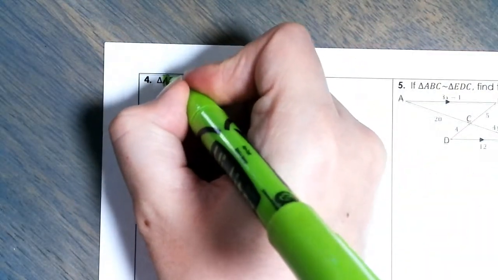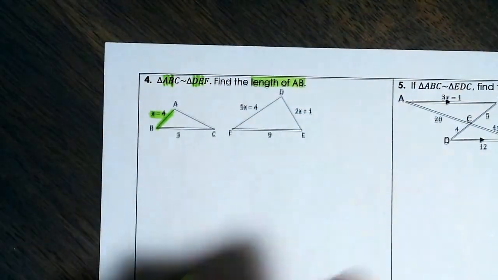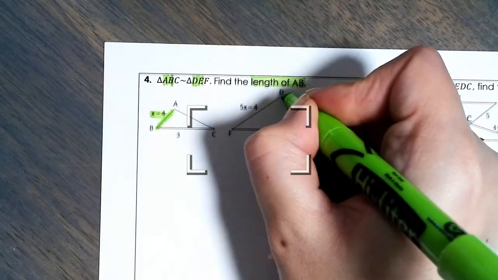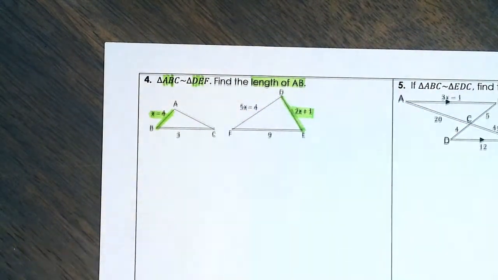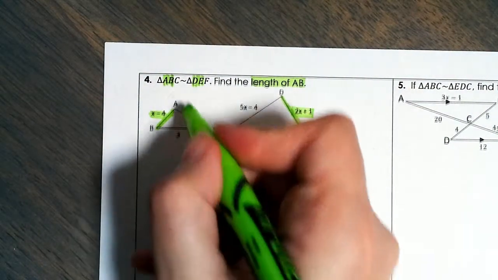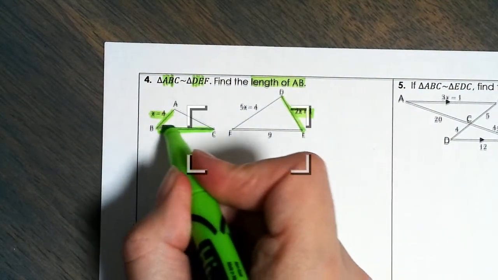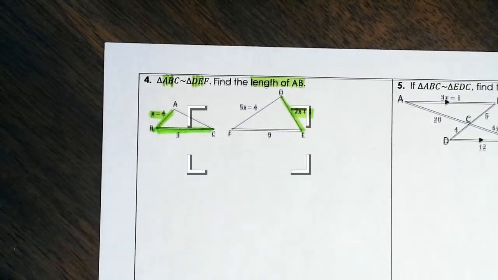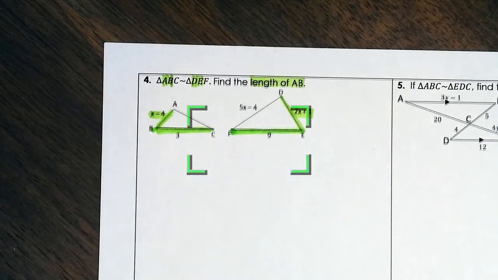So looking at my similarity statement, AB is going to correspond to DE, right here. I also know that BC, right here, which is labeled as 3, is going to correspond to EF, right here, which is 9. So using that information, I can set up a proportion.